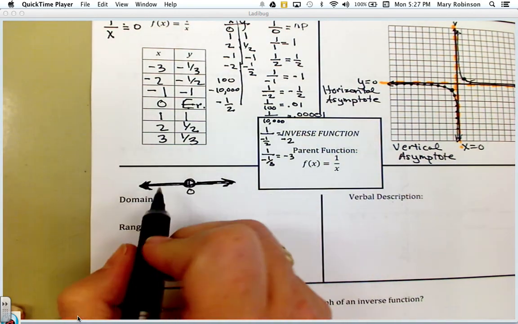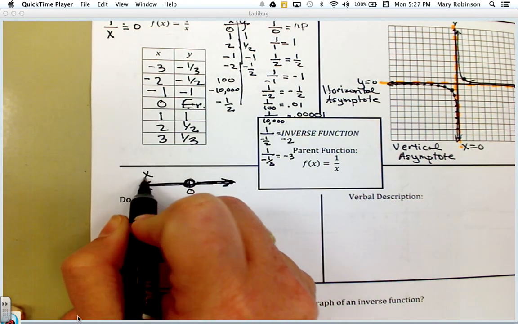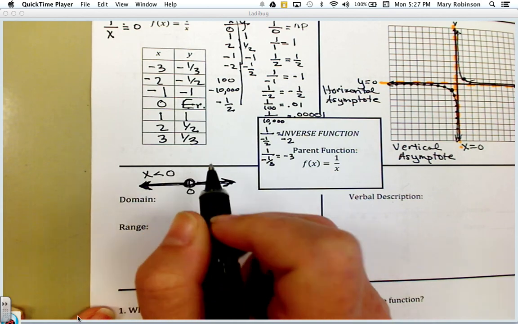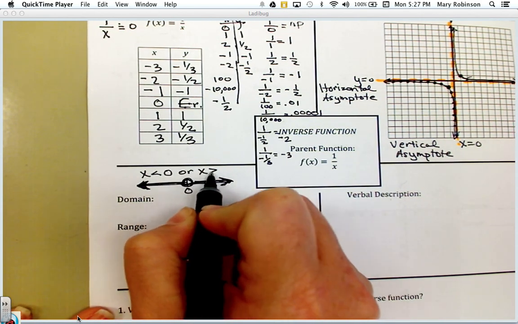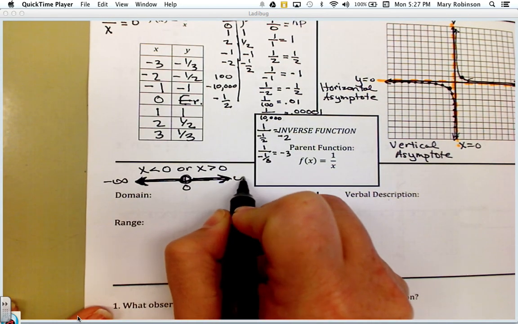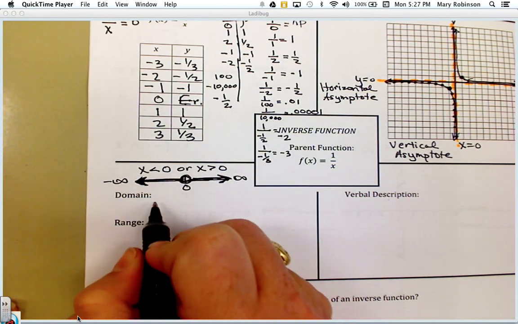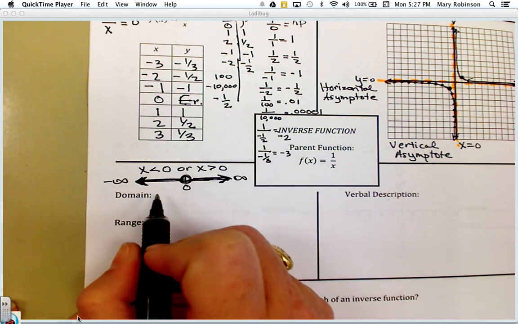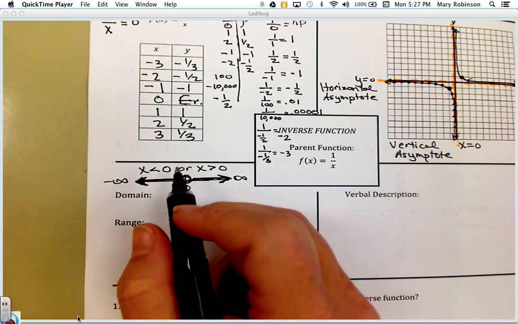If we were to write an inequality to represent that, we would say that x is less than 0 or x is greater than 0. In interval notation, all you do is know that you're going to have two intervals showing that you skip over the value of 0.